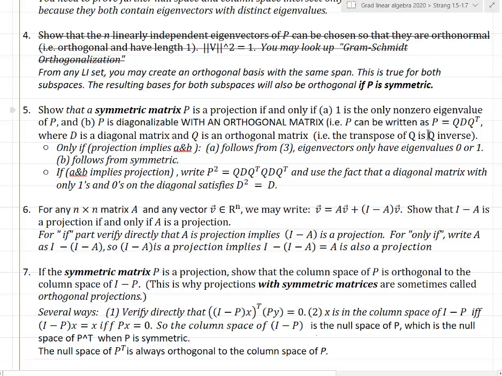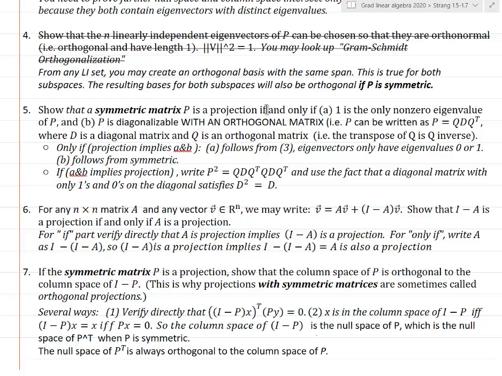All right, this is an if and only if problem. That means we have to show two different things. That means we need to show that P is a projection implies A and B, and A and B implies P is a projection.